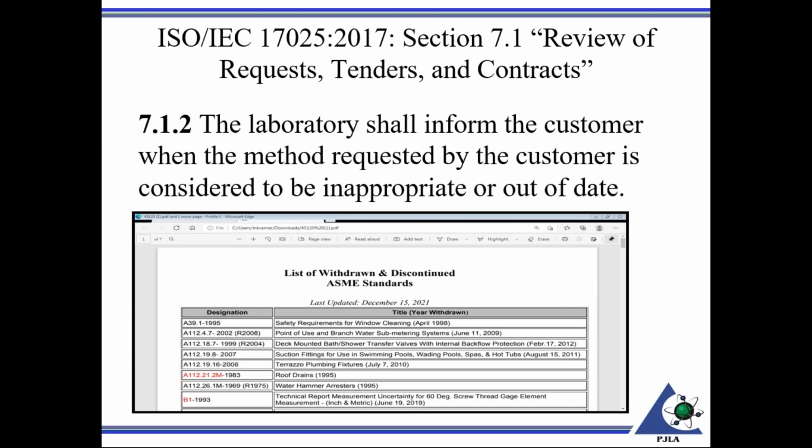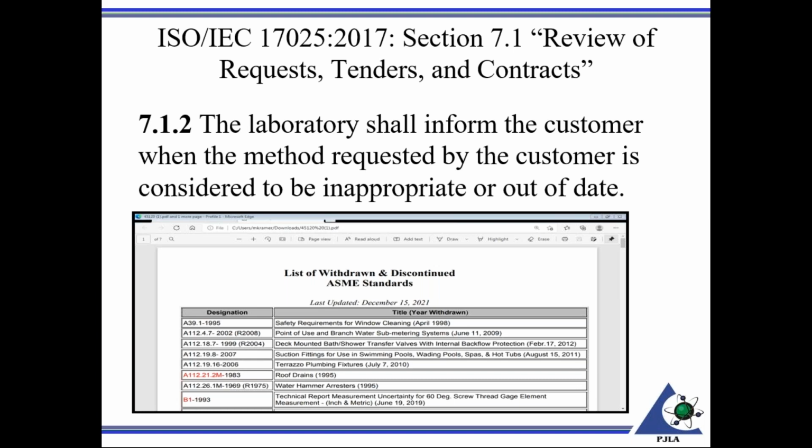There might be a situation where the customer may specify a method. If this is the case, and if the method is considered to be inappropriate or out of date, the laboratory shall inform the customer of this. An example of this is ASTM standards that are withdrawn or discontinued.